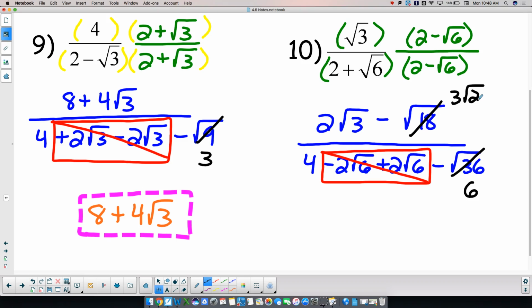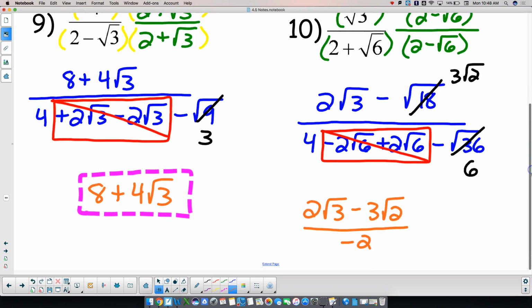So there are many possible answers here. The first one is 2 times the square root of 3 minus 3 times the square root of 2 all over negative 2. I would accept that as an answer.